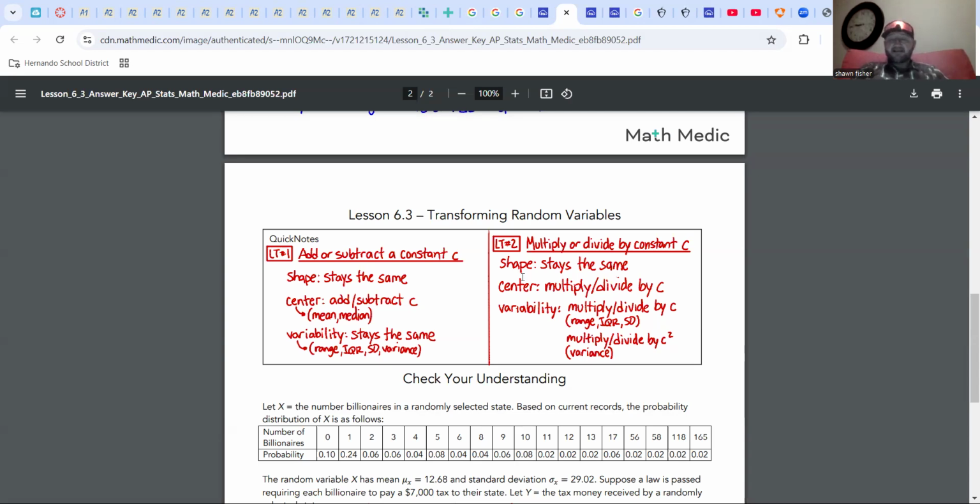Well, the shape again stays the same. The center, your mean and your median, is going to multiply or divide. And then your variability is not going to stay the same anymore. It's going to multiply or divide by whatever that number, in this case constant C, is. We'll talk about variance a little bit later, not in this homework.